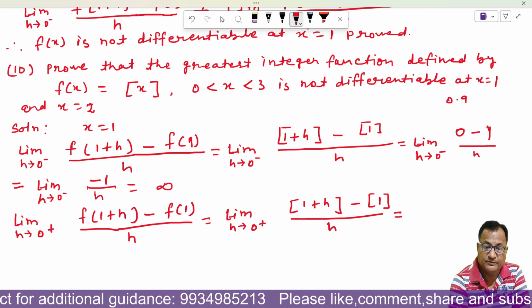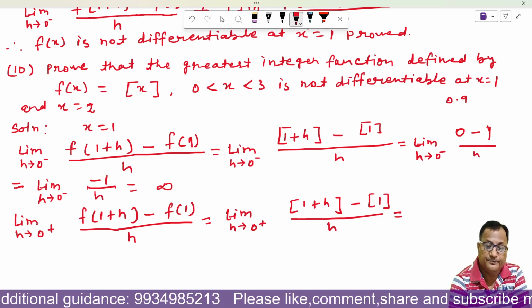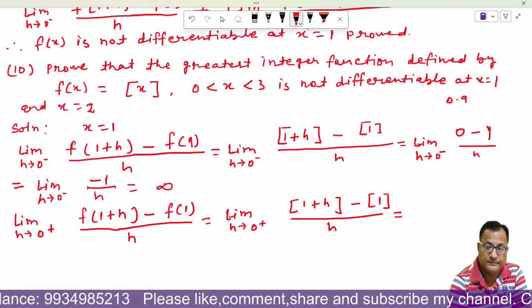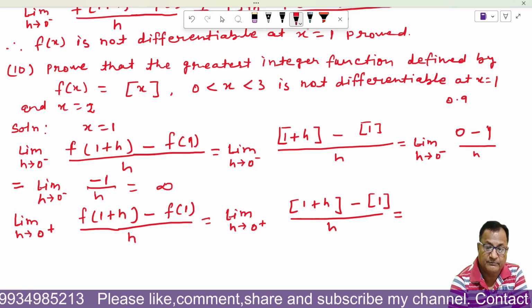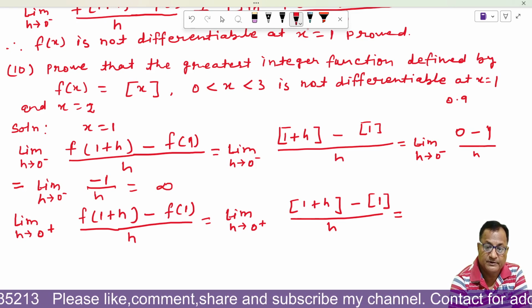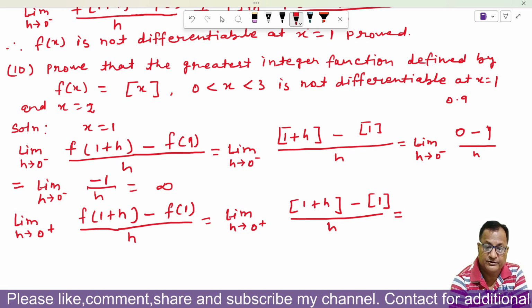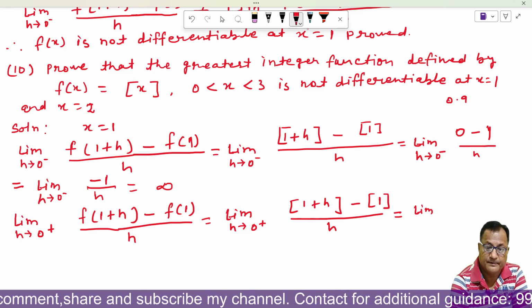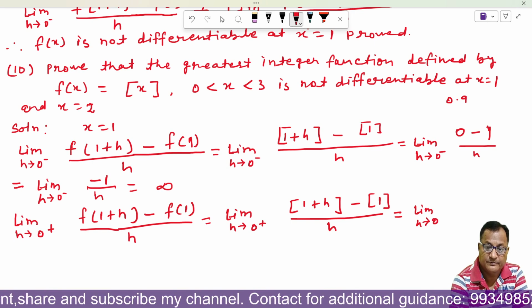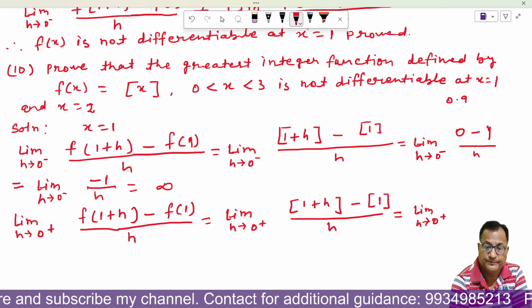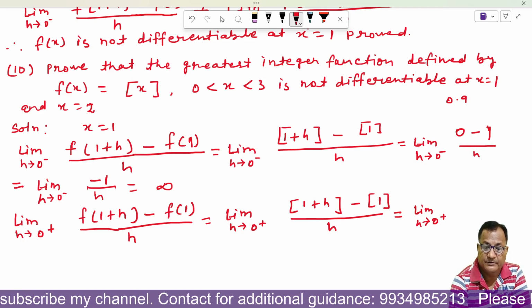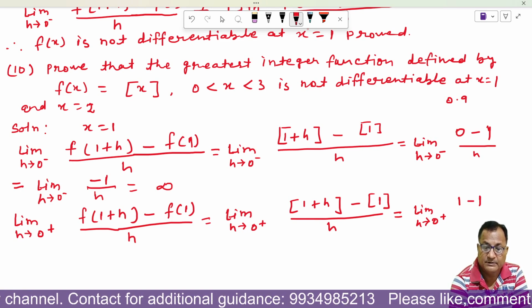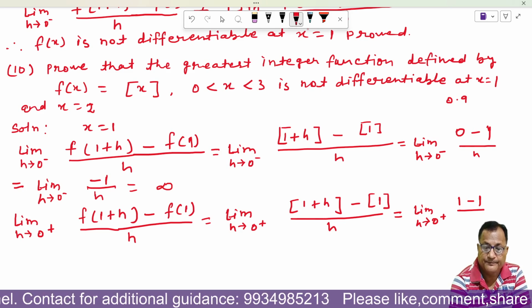So 1 + h means it will be greater than 1, so its greatest integer will be 1, so 1 minus 1 divided by h.